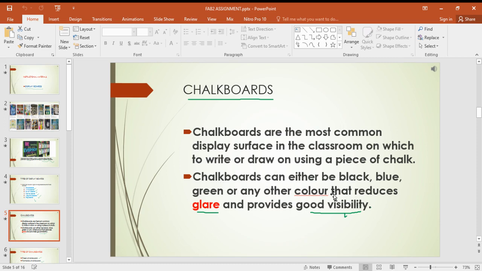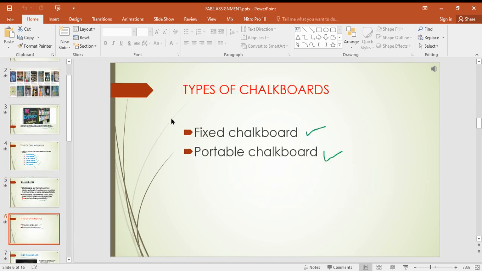The chalkboards can either be black, blue, green or any other color that reduces glare and provides good visibility. There are also different types of chalkboards, but we shall not look at all of them. We shall major in the first two types of chalkboards.